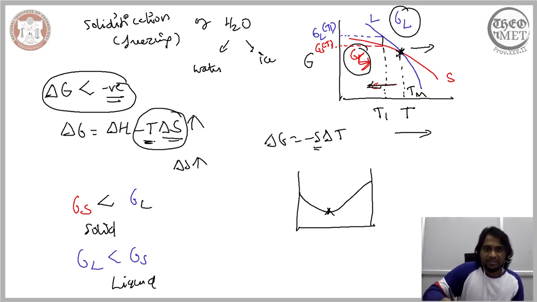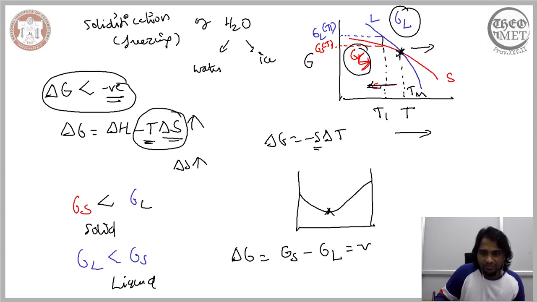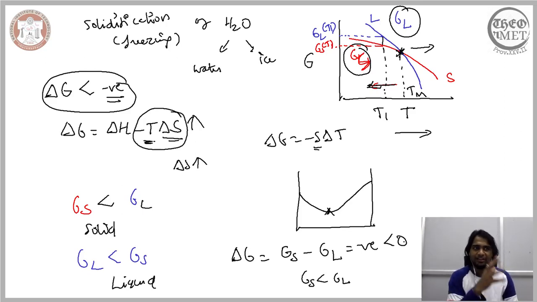The delta G here will be the Gibbs free energy of the solid minus the Gibbs free energy of the liquid, which will be negative because this condition is satisfied. So this will dictate the irreversible process, the solidification or freezing below the melting point. So it is possible for us to describe the thermodynamic driving force for freezing or solidification using the difference in the Gibbs free energy.